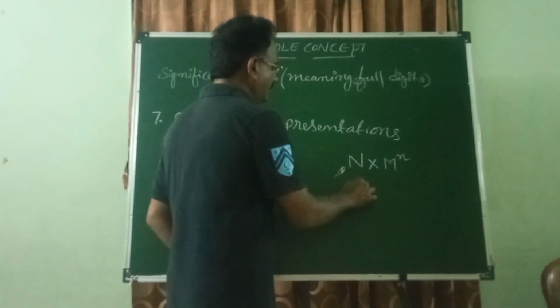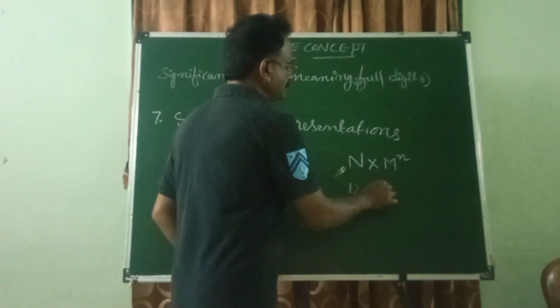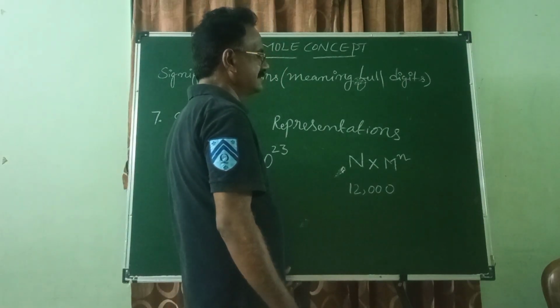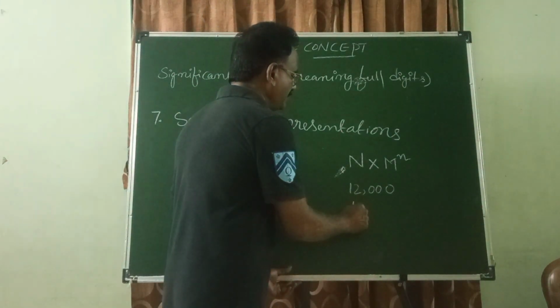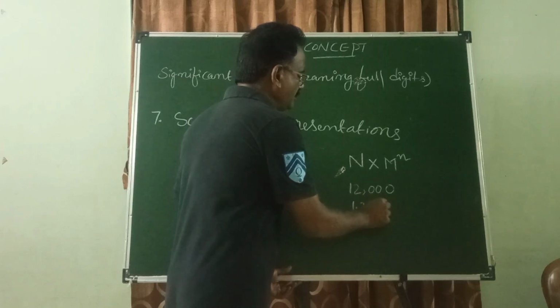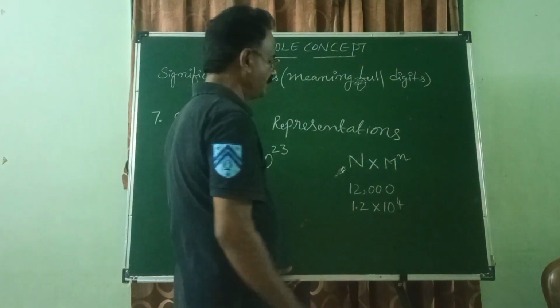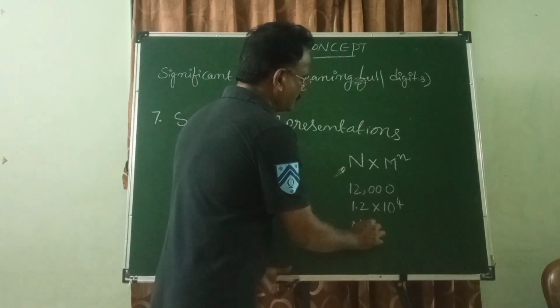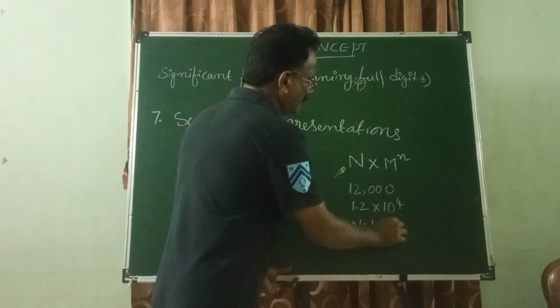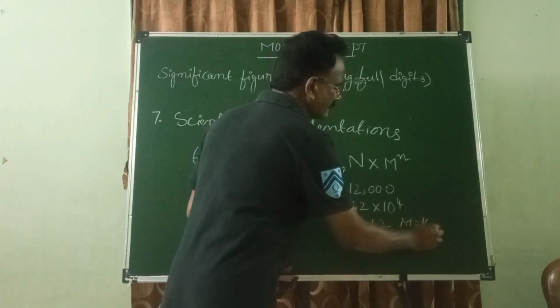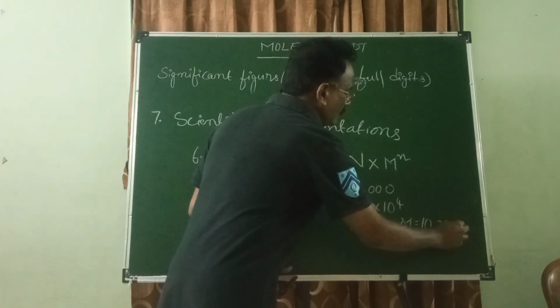If you have a figure 12,000 and you want to represent it in the simplest form, this can be represented as 1.2 into 10 to the power of 4. Here N is equal to 1.2, M is equal to 10, small n is equal to 4.